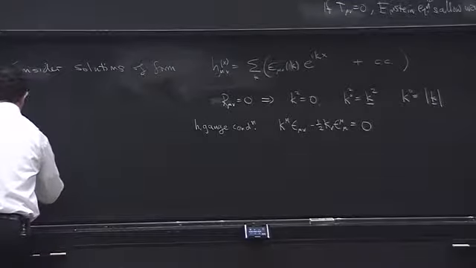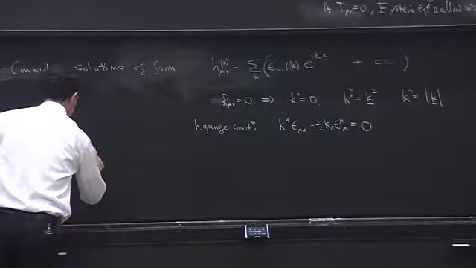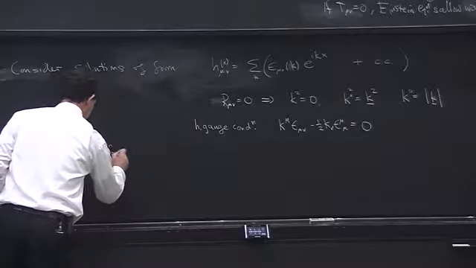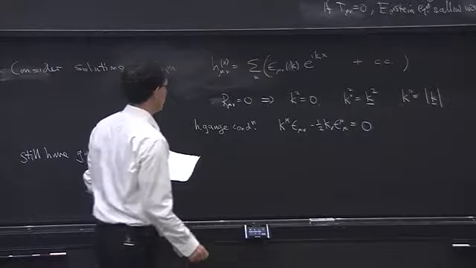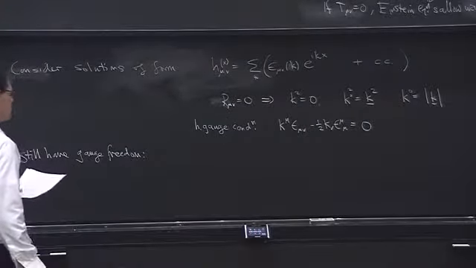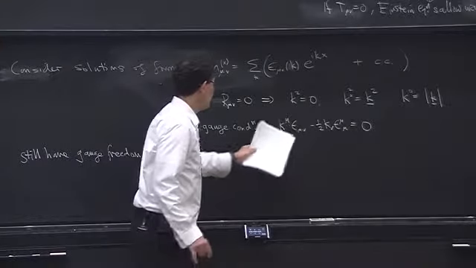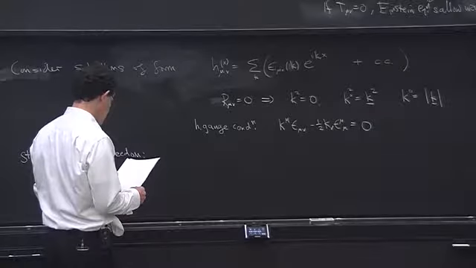We still have gauge freedom. Why? Because this harmonic gauge condition does not uniquely specify the coordinates.